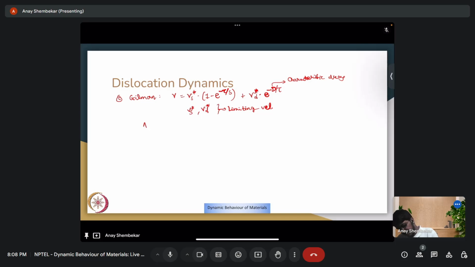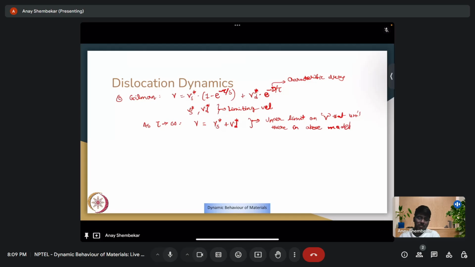As tau goes to infinity, v equals Vs star plus Vd star. It's an upper limit on v that isn't there in the above models.